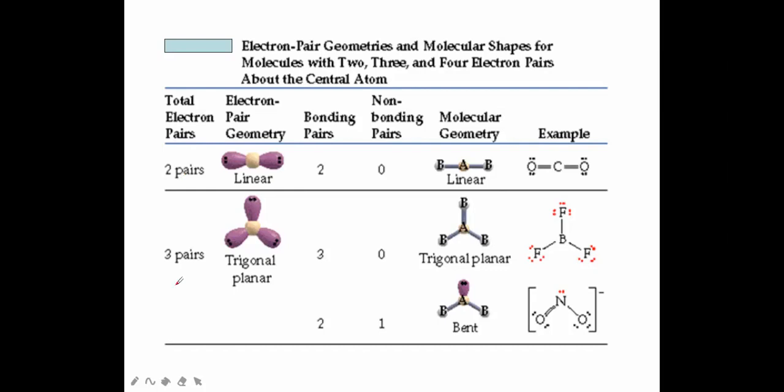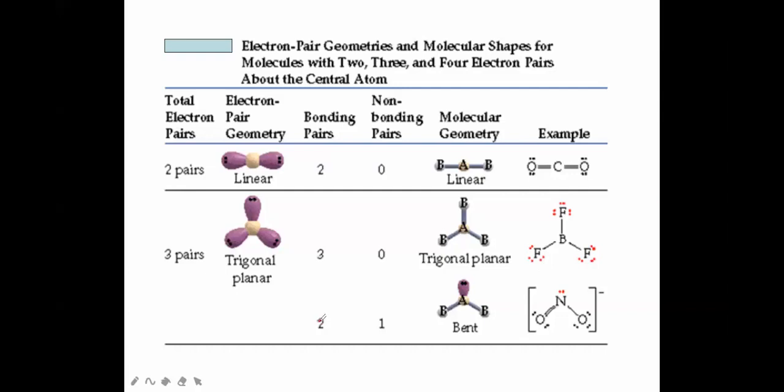If we have 3 pairs of electrons shared from the central atom, for example, the bonding between boron and the 3 fluoride atoms, you will see that the bonding pairs are 3. There are no non-bonding pairs, so there will be even distribution. There will be an even angle between the bonds because these have an equal repulsive force.